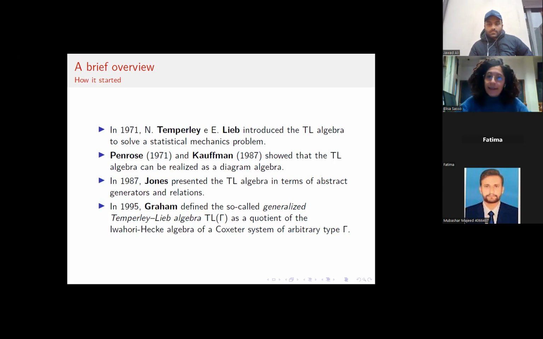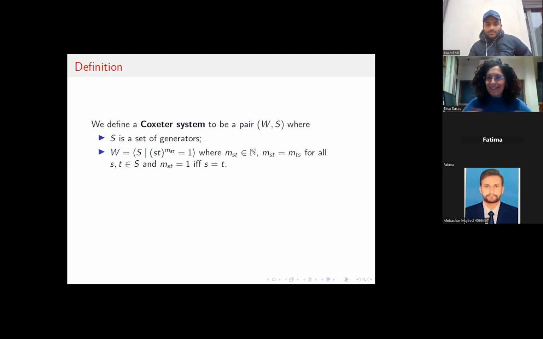On the other side, this algebra also has an abstract presentation in terms of generators and relations. And they were generalized later in 1995. And so there exists a generalized Temperley-Lieb algebra for each Coxeter system. These are all words that maybe now don't make so much sense, but let's see later what they are. So first of all, a Coxeter system.